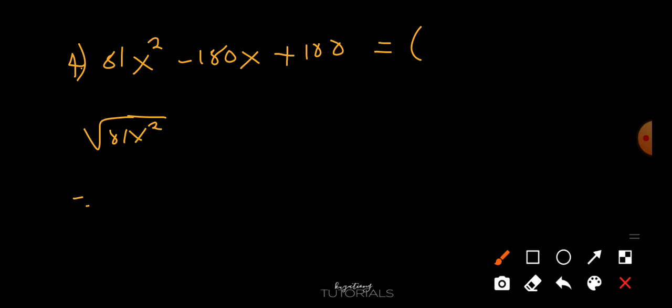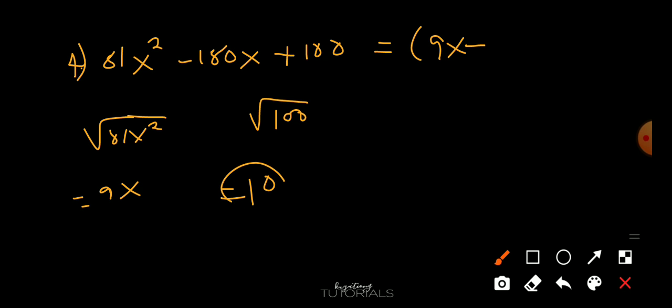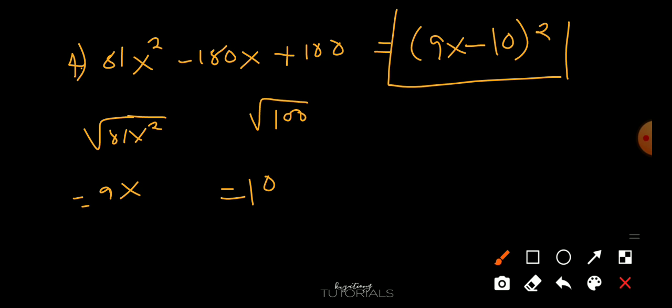That is 9x, right? While the square root of 100 is 10. Right? So this means that 9x, minus since it is minus, so minus 10. Then closing parenthesis, then squared. So this is the final answer.